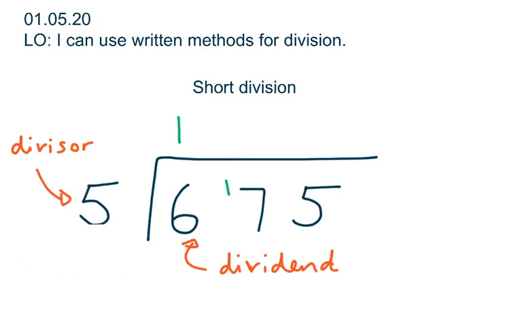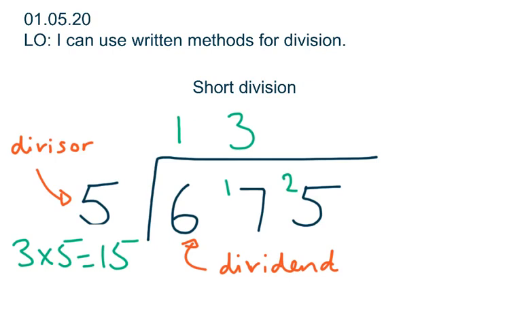All right, so now we're looking at how many times will 5 go into 17. And we know that 3 times 5 equals 15. All right, so there's 3 lots of 5 in 17 with 2 left over.